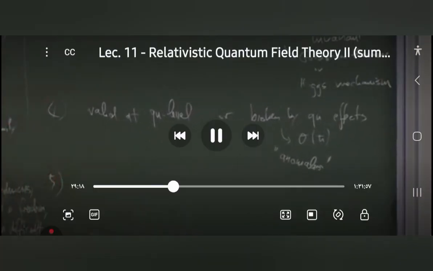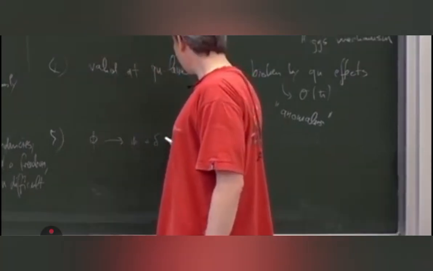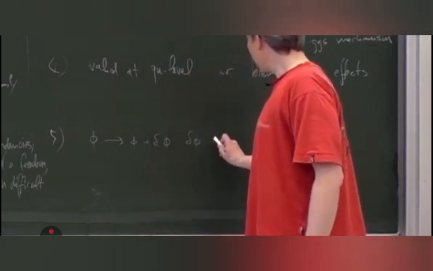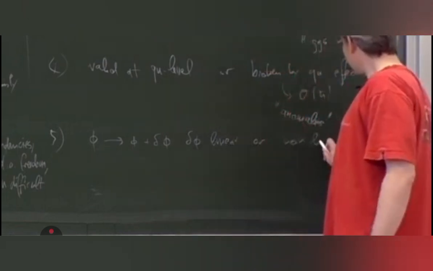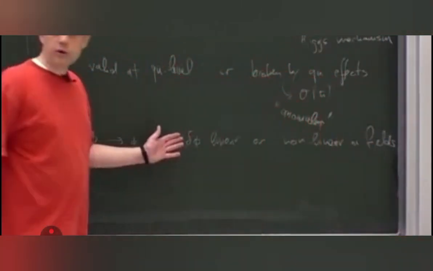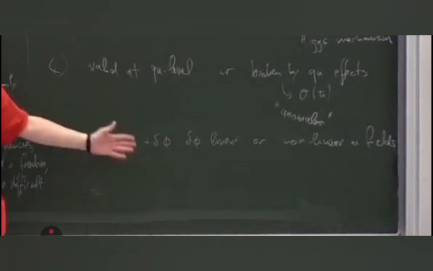Then the fifth thing is if you have a field transformation in the theory, phi goes to phi plus delta phi, then we can ask, is this delta phi actually linear or nonlinear in the quantum fields of the theory? So this field variation must be some expression. You have seen examples in the past. And it can be a linear expression or a nonlinear expression, and that will lead to technical differences in the treatment.